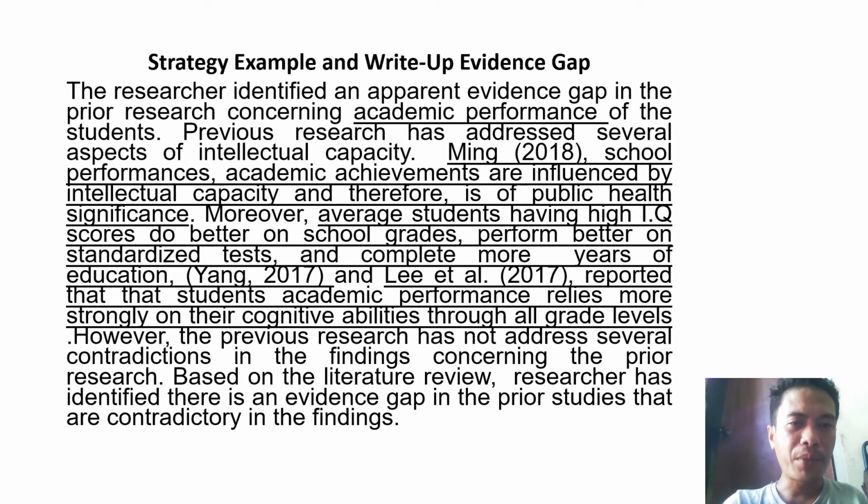Okay, example: the researcher identified an apparent evidence gap in the prior research concerning academic performance of the students. You have to give citations from the previous research which are contradictory to the prior. Meaning, class, the prior and the previous don't have the same findings.